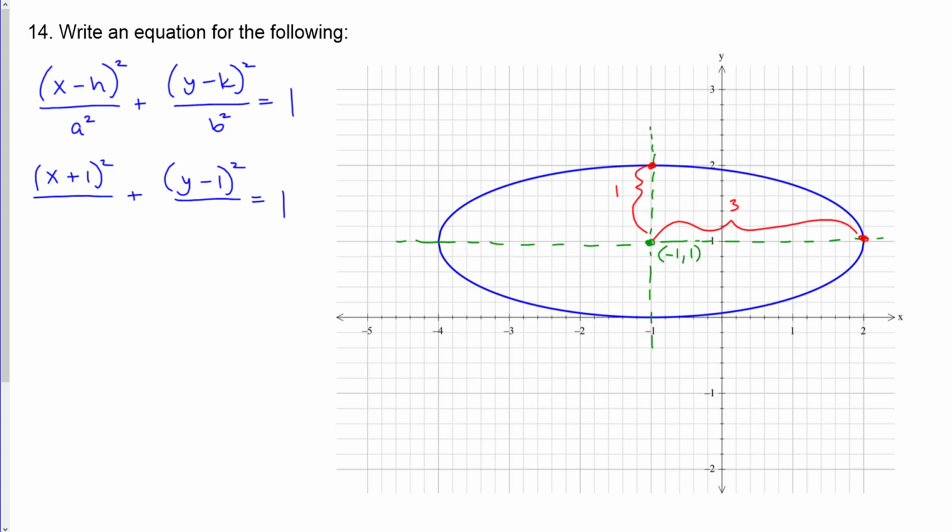So what that's telling me is that in the vertical direction, which is the y, underneath it needs to be the constant 1 squared, and the horizontal direction, which is the x, underneath it needs to be 3 squared. So I have (x plus 1) quantity squared over 9 plus (y minus 1) quantity squared equals 1.